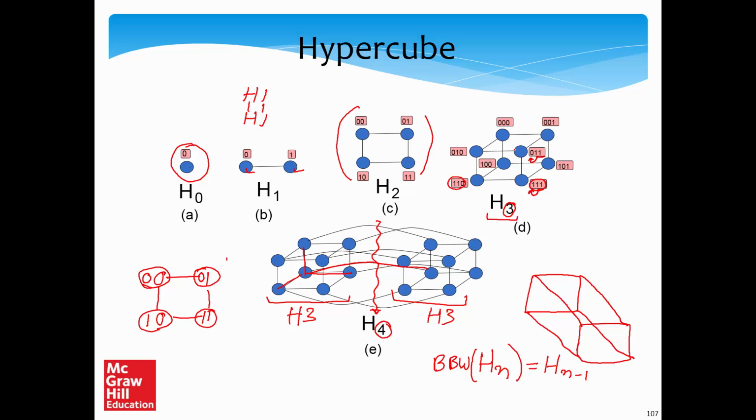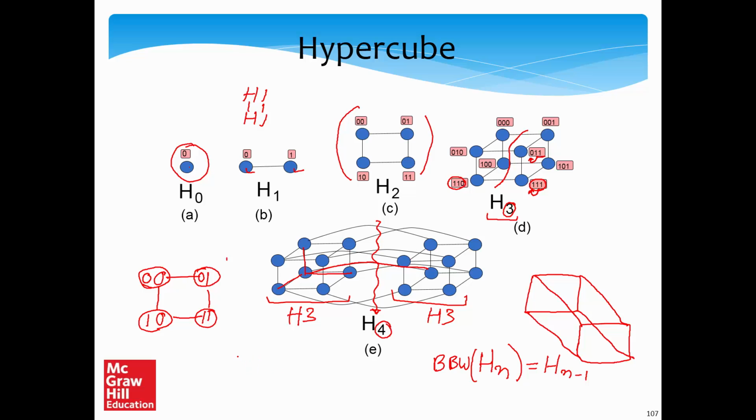For example, if I were to take this cube and cut it, I'll have to snap it like this. I'll be cutting 1, 2, 3, 4 links, which is the same as the number of nodes in an H2 hypercube. Similarly, if I take an H4 hypercube, the number of links I need to cut is the same as the number of nodes in an H3 hypercube.